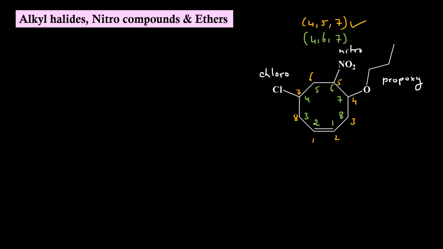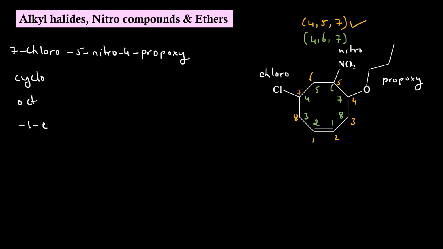So the secondary prefix will be 7 chloro, 5 nitro, 4 propoxy. Primary prefix will be cyclo. Root word is oct. Primary suffix will be 1 ene. So the IUPAC name will be 7 chloro, 5 nitro, 4 propoxy, cyclooct 1 ene.